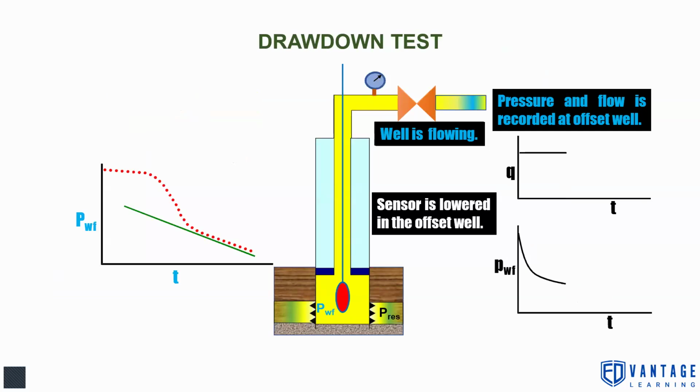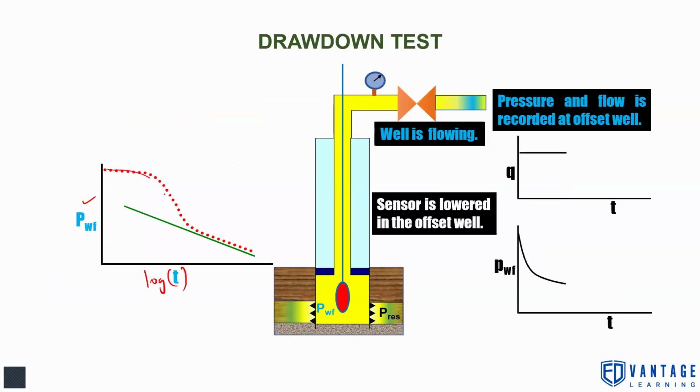And especially for drawdown test, we will plot the bottom hole flowing pressure with log time, to be very precise. This will give us regions. I'll talk about these regions in the Excel exercise we will do in the later part of this webinar. We'll have two regions.